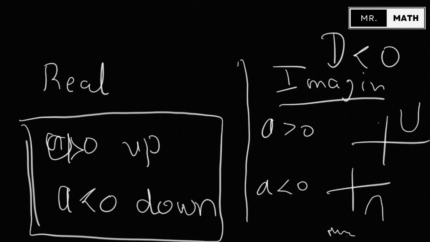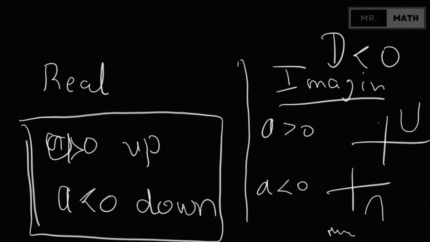Okay guys, so if roots are real and a is greater than 0, it would be an upward parabola cutting the x-axis twice or once, based upon whether the roots are equal or not, right? And if roots are real and a is less than 0, it would be a downward parabola cutting the x-axis twice or once based upon the equality of roots, right?